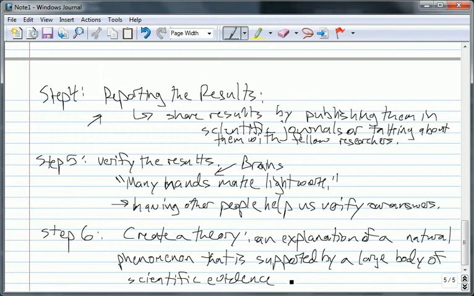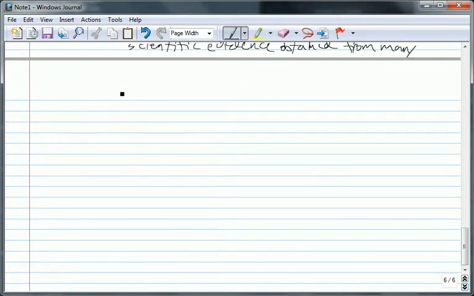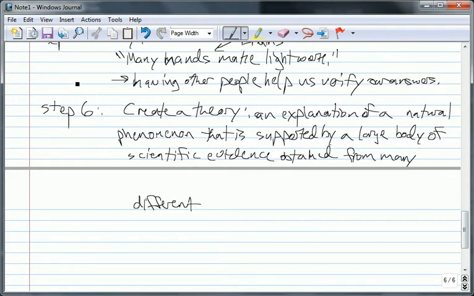And this evidence has been obtained from many different experiments and observations.